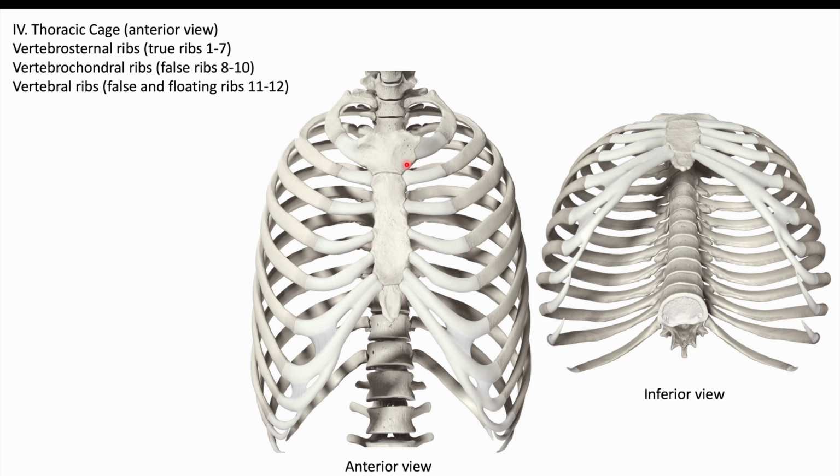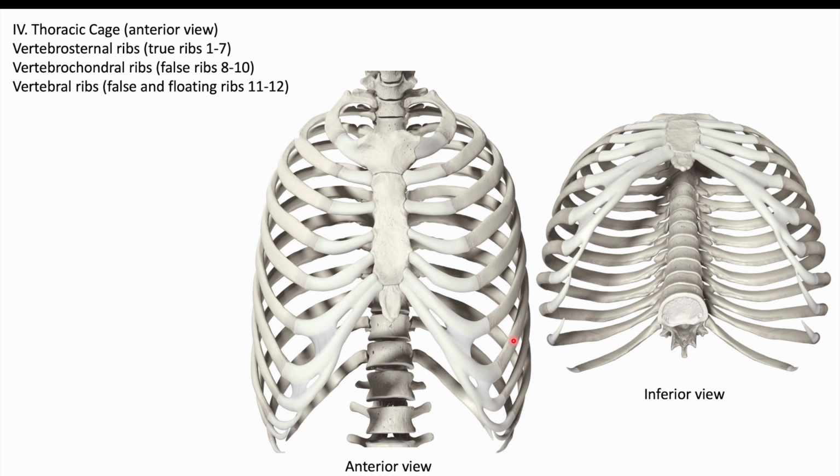So if you take a look at this diagram right here, we're going to start counting from number 1 to 7. Notice that the 7 vertebrosternal ribs each have their own costal cartilage attached to the sternum.